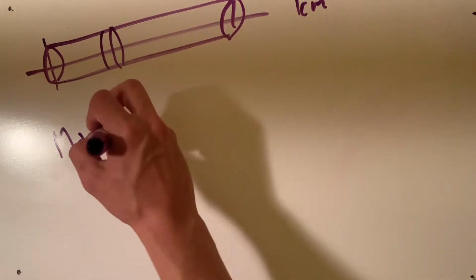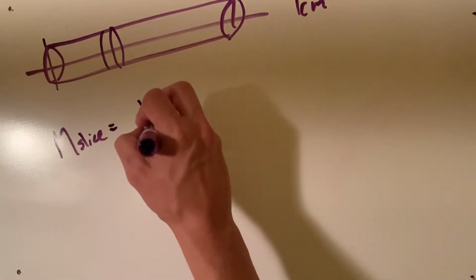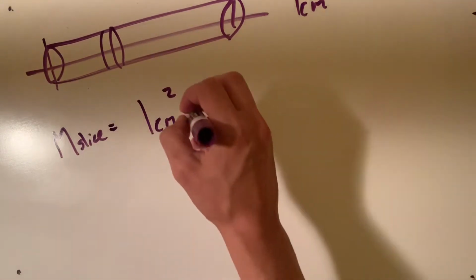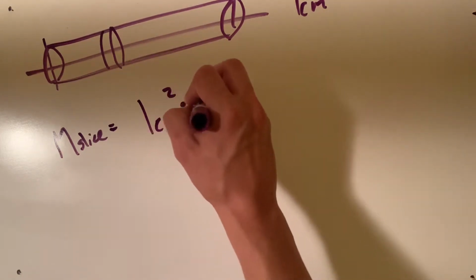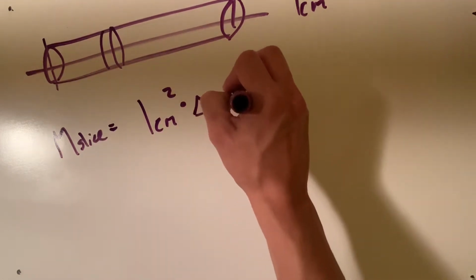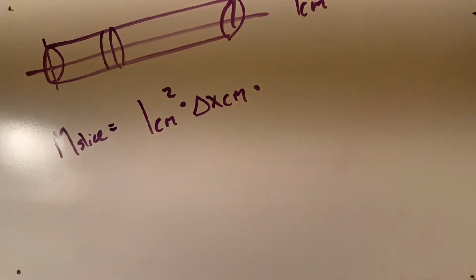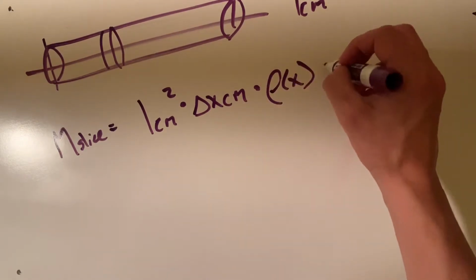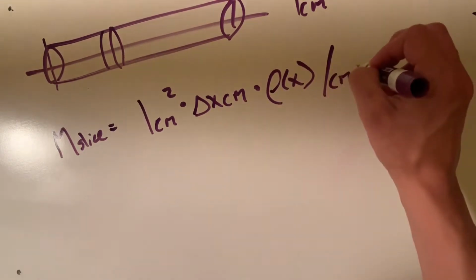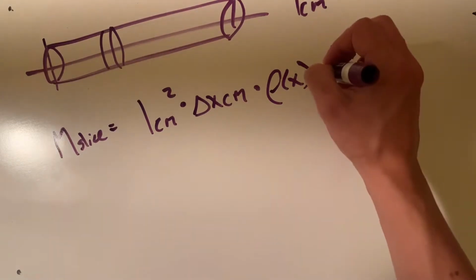So it is 1 times the height, which is delta x centimeters, times the density, which is given by rho of x, and that is in grams per centimeter cubed.